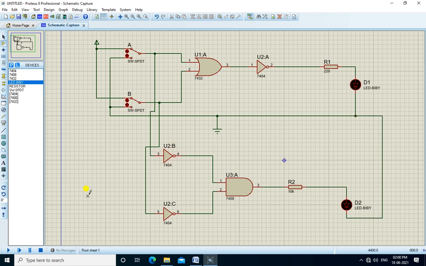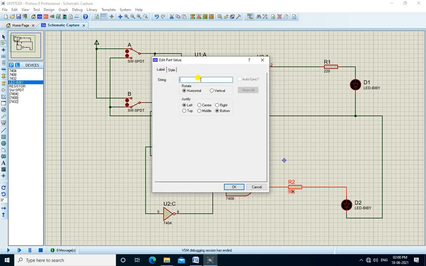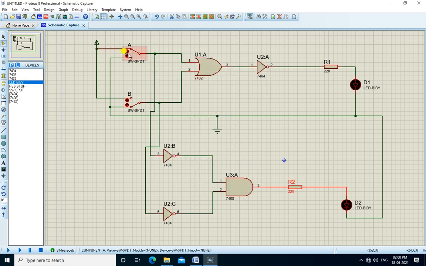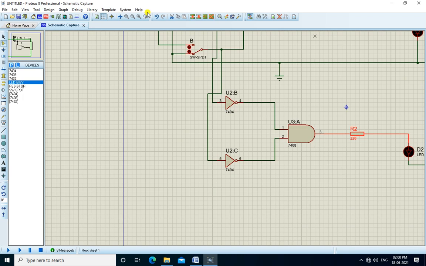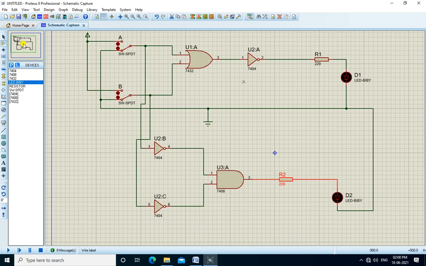Okay, now we will run the simulation. We need to change the value of this resistor to 220. Okay, I will run the simulation. So here, when A is 0, B is 0, this is high, that is (A plus B) bar is high, and A bar dot B bar is also high.